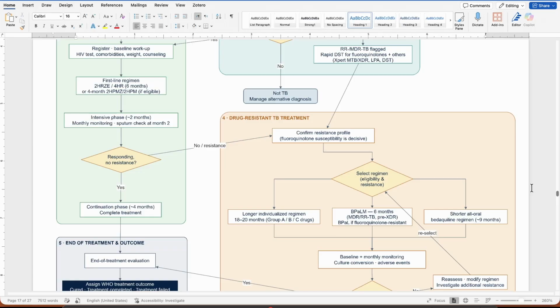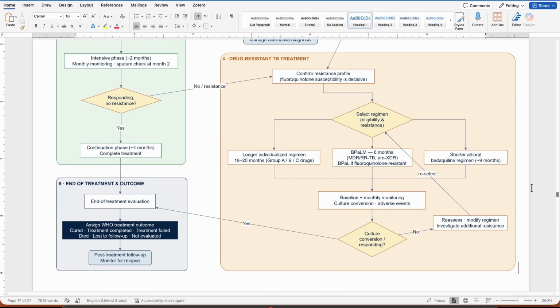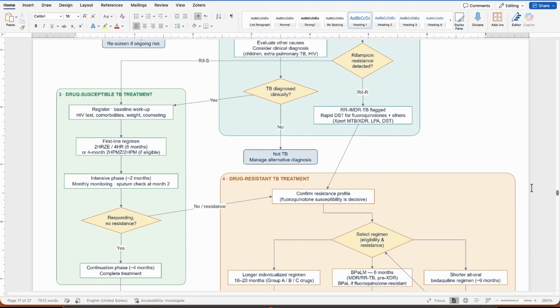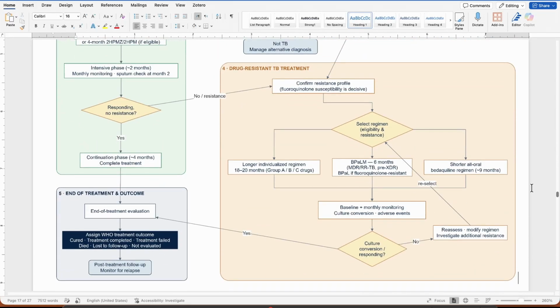Then there's XDR-TB, an extreme case where only a handful of drugs are effective. Your bacteria is basically resistant to almost every drug. XDR-TB is very uncommon, by the way, but it's very lethal too. It has a high fatality rate as well.